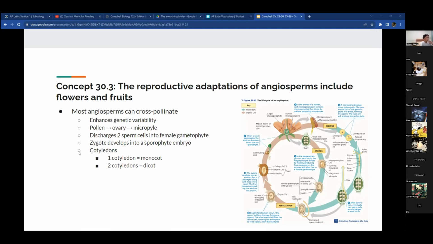This is just a classification thing, and I think we have more on this later. Cotyledons are called seed leaves.